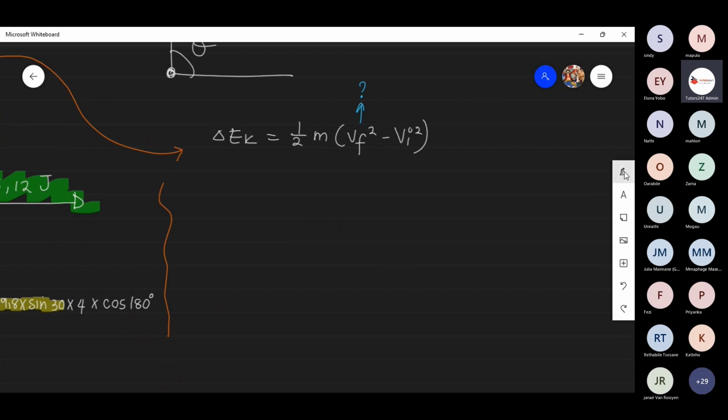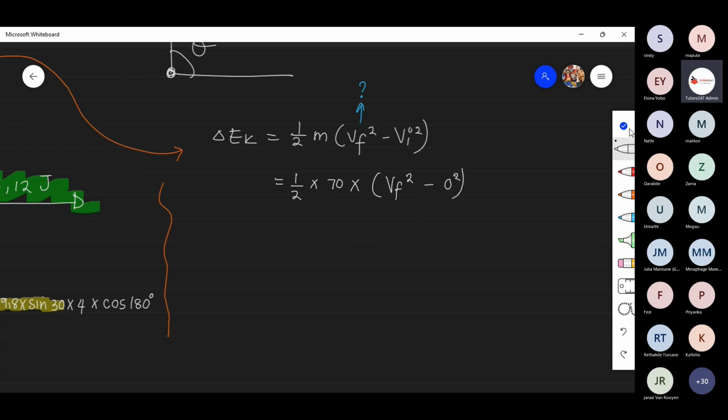Okay, so let's do that. A half times our mass. Our mass was 70 kg, times Vf squared, which is going to remain that since it's unknown, minus 0 squared. Now, if you are wondering where the 0 came from, it came from the question.